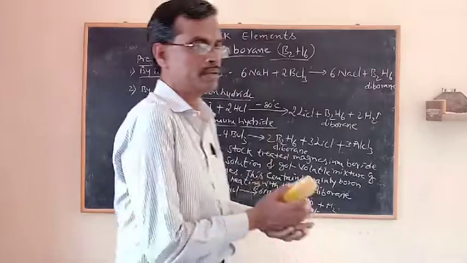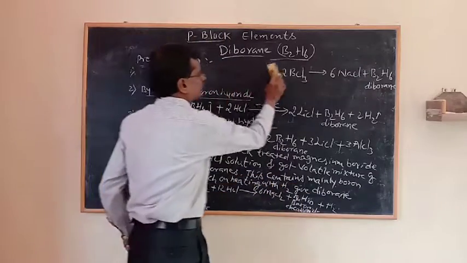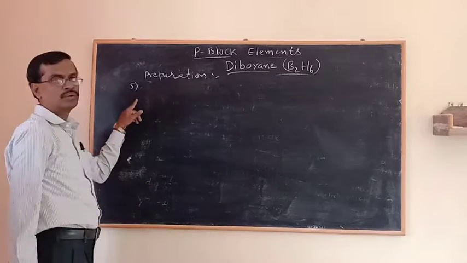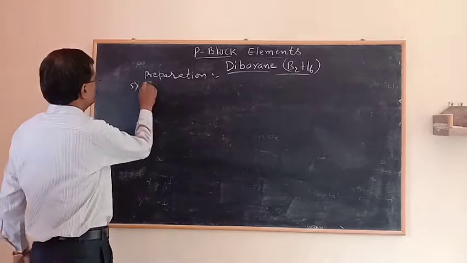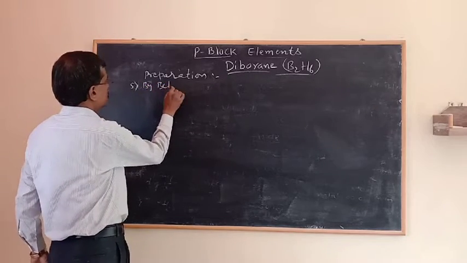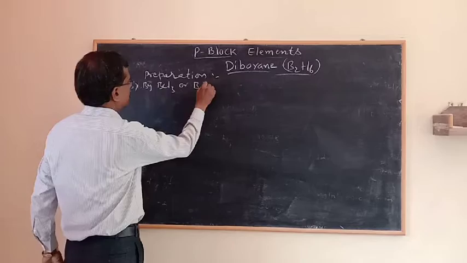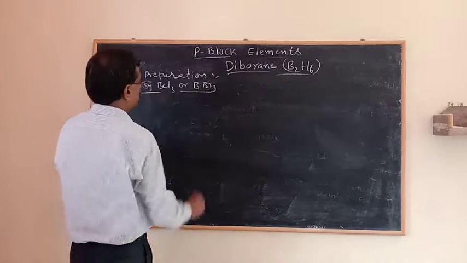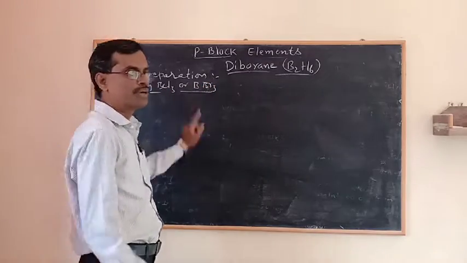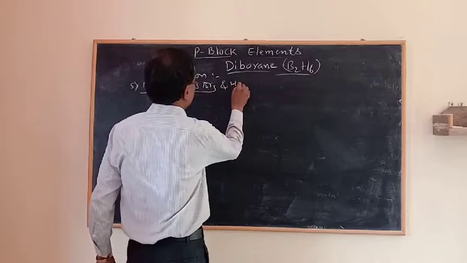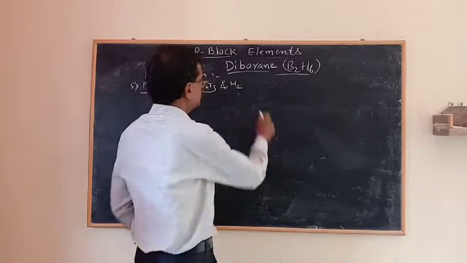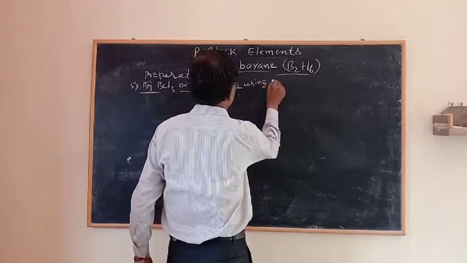Lastly, the fifth method is by using BCl3 or BBr3, boron trichloride or boron tribromide, and hydrogen using electric discharge.